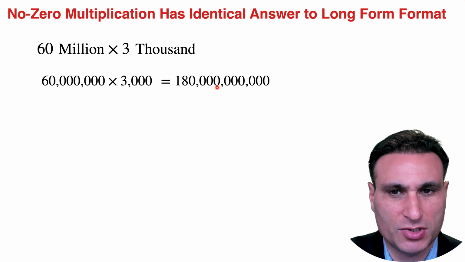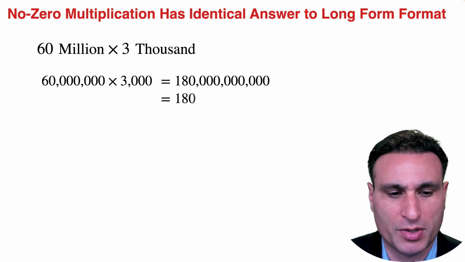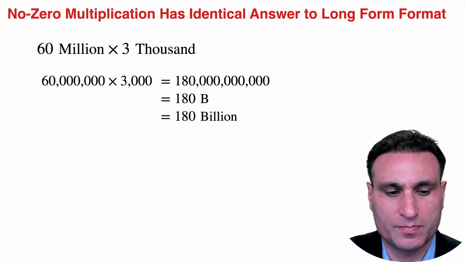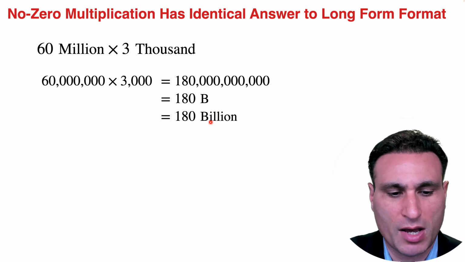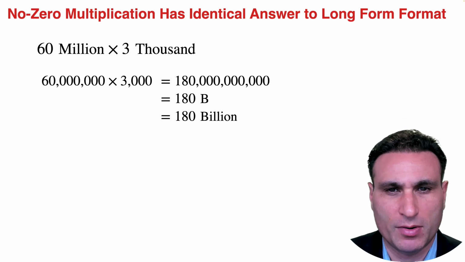The next 3 digits are ones, tens, and hundreds of millions. And the next 3 digits are ones, tens, and hundreds of billions. So this result is 180 billion. And this is the long form format of the result. We can write this result using the abbreviation B for billion as 180B and using the unit name, 180 billion with billion written out. Again, these are 3 different ways to express the same number.